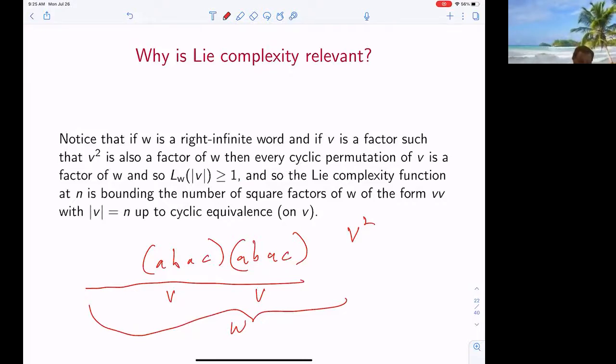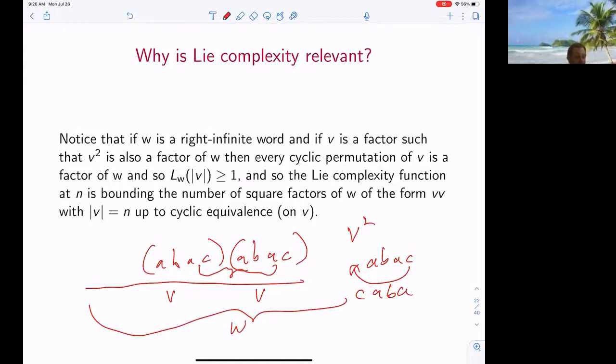Because if I look at this A, B, A, C, and I look at something in the equivalence class like that, well, that's basically taken account of here. So in other words, this Lie complexity function is giving some coarse description of when squares occur, right?